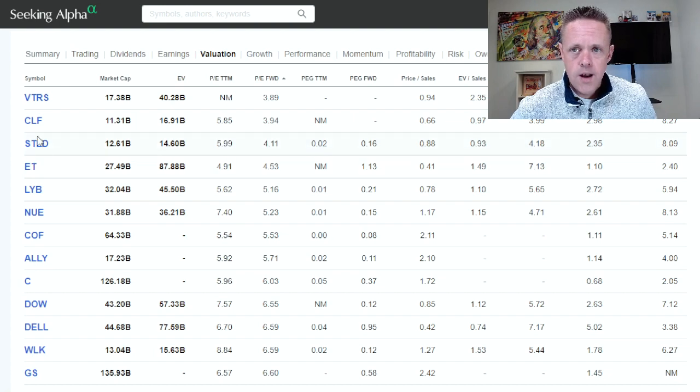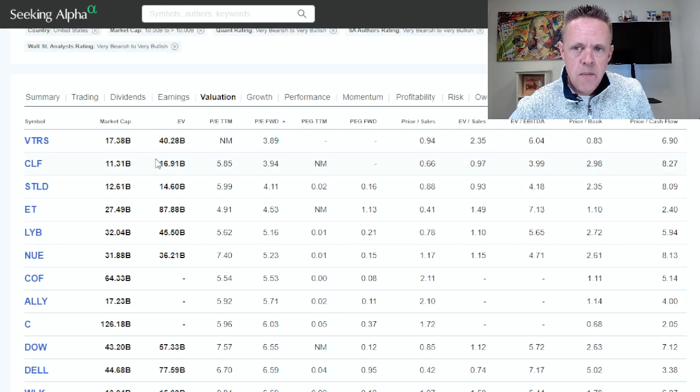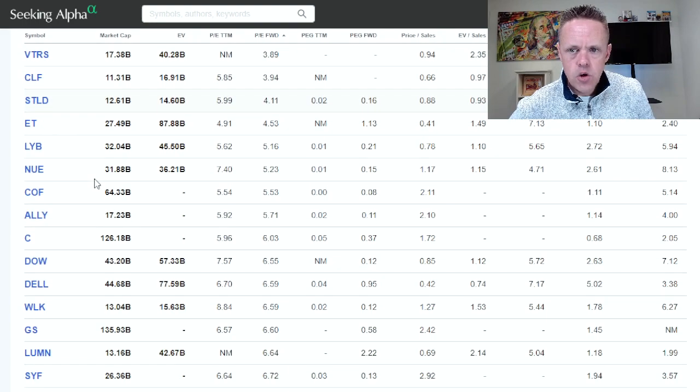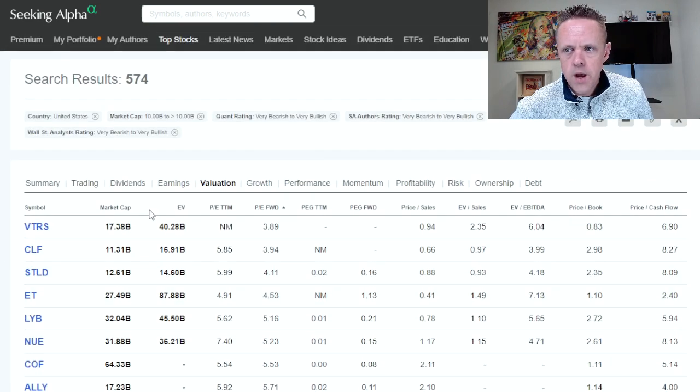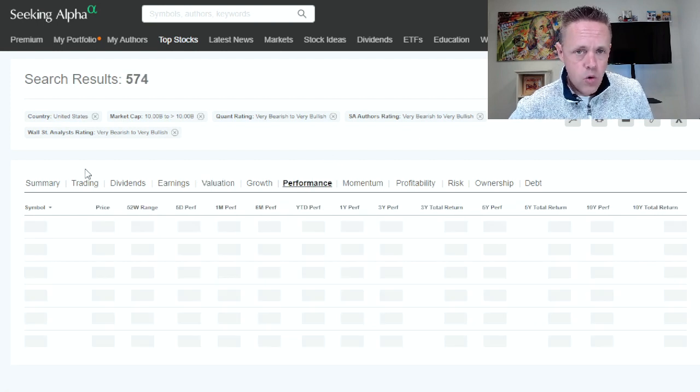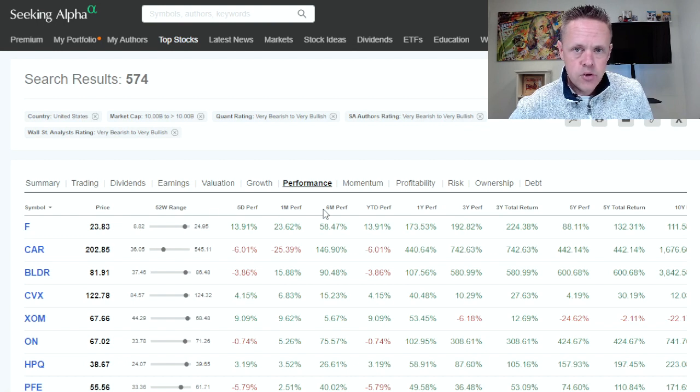Now you're going to have to recognize these tickers. They do have a mouse over feature though. If you go here, you can see the name of the stock. So, I don't recognize all these stocks off the top of my head, but if you just hold this over, you can at least see the name of the stock. And then obviously if you click on here, you go to the stock's individual page. But this type of faceted search, if you will, works across the board on almost every imaginable metric.